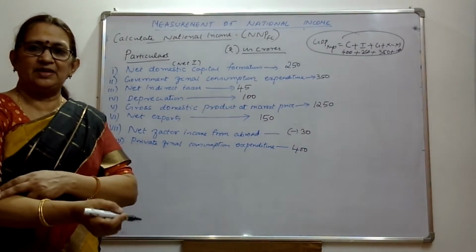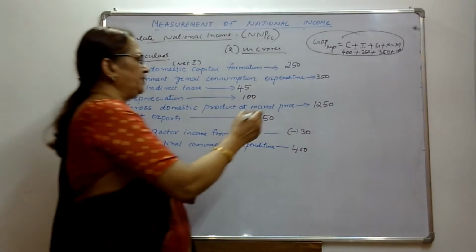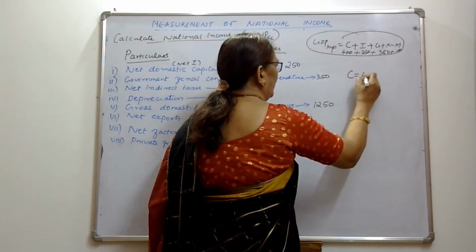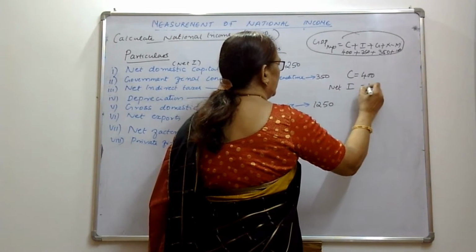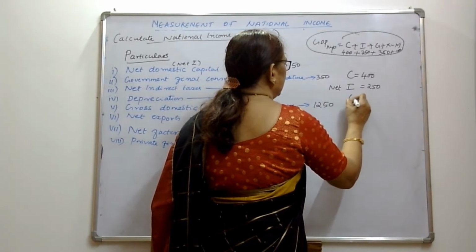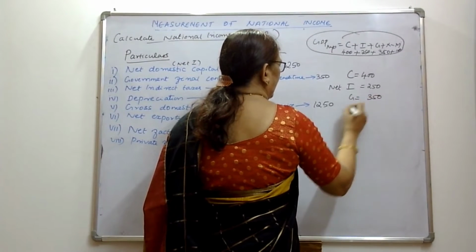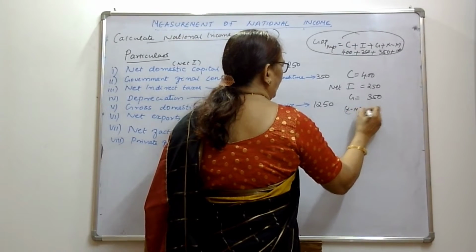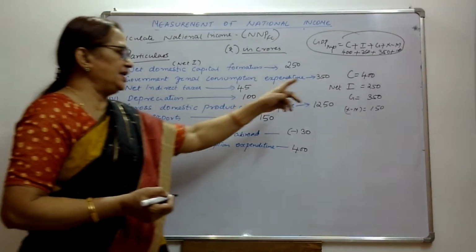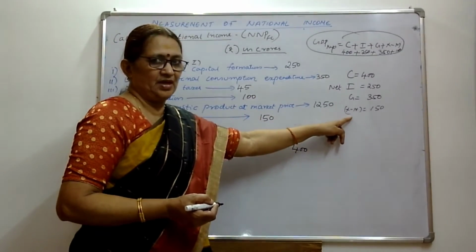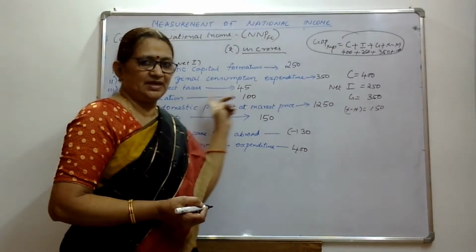Here X minus M is not a negative value, it is given as 150. That means instead of GDP we are getting NDP at market price here, because net investment is given after deducting depreciation. But check the particulars here.